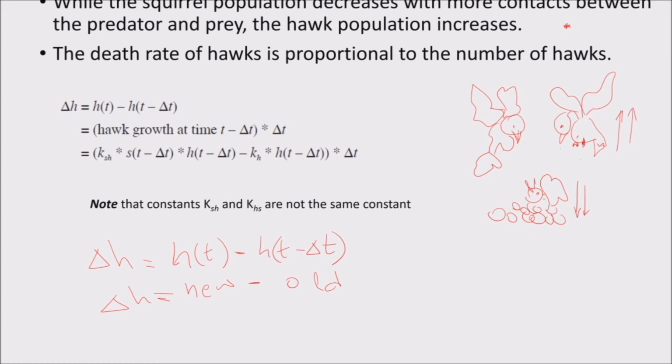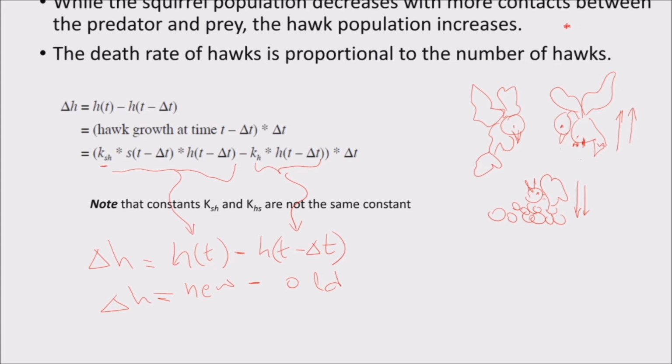And here, when we apply the equation, the new value is this right here, and this is the old value, which is the previous time. So this is the previous time hogs population, and this is the current time, the new value, which we're going to take as KSH.